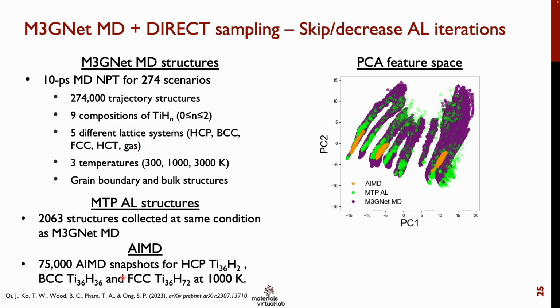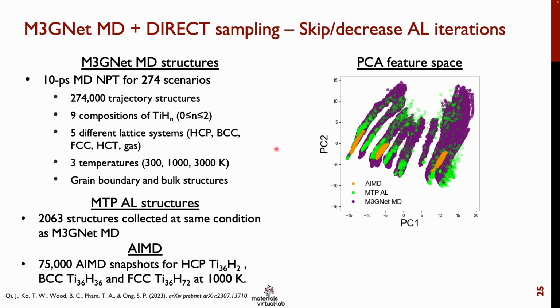One is AIMD structures obtained at 1000 Kelvin for 3 compositions. The other is moment tensor potential active learning structures, which is 2063 structures collected at the same condition as those M3GNet MD structures.